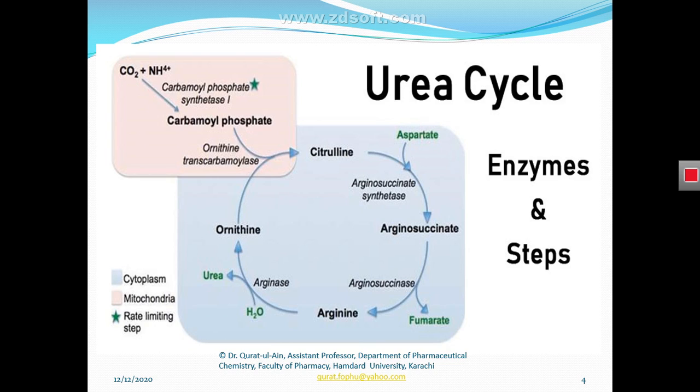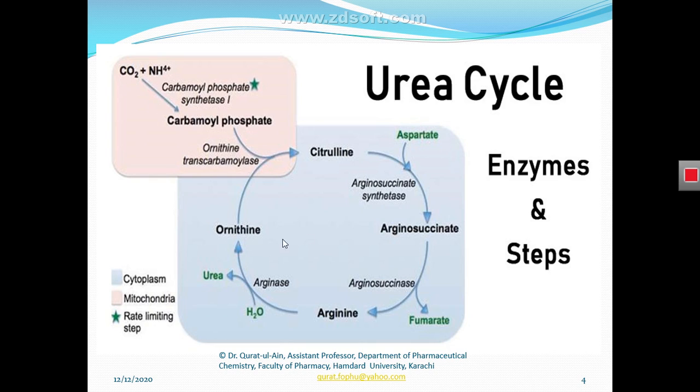So that is the reason we say this biochemical reaction is a cycle, a urea cycle, because it is producing urea from ammonia. And why is it a cycle? Because the ornithine that is produced during this cycle will again combine with another molecule of carbamyl phosphate, generated from the condensation of another molecule of carbon dioxide and ammonia.